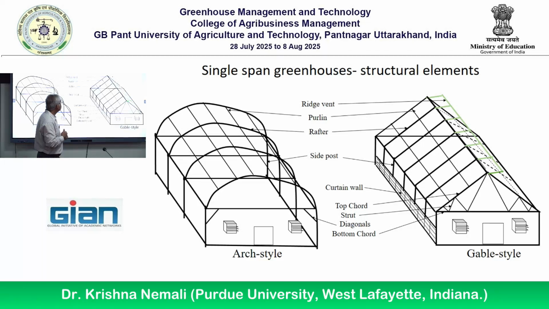Side posts. These are side posts. They go vertical like this. So if you have a greenhouse like this, you put posts, right? 1, 2, 3. These posts are taking the weight of the roof. They're bringing it down to the foundation. Those are called side posts.